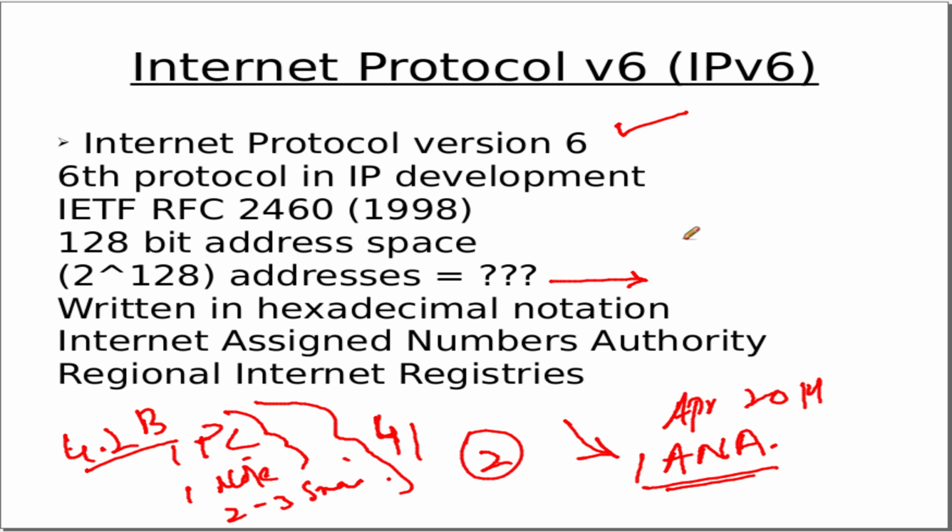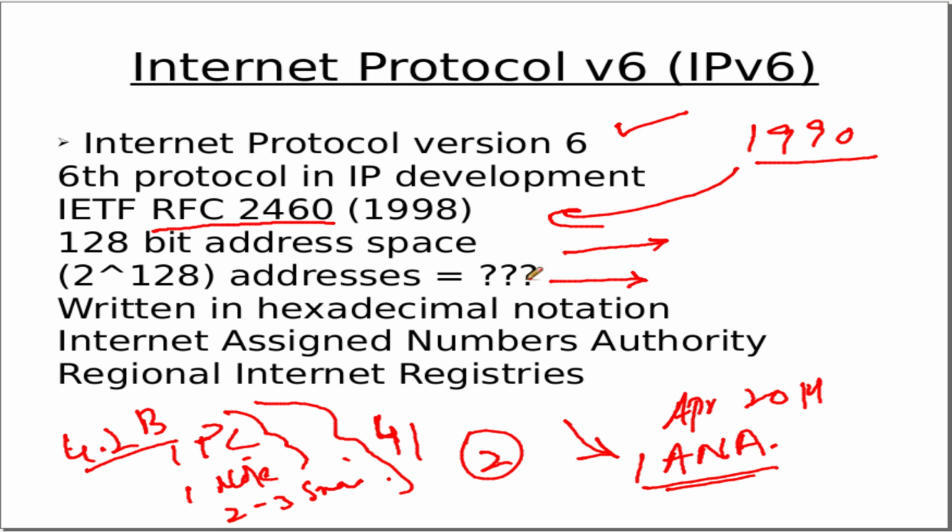Internet engineers started working on IPv6 as early as the 1990s, and by 1998, they were able to finalize the draft, which is now known as RFC 2460, which defines the basic features and functions of IPv6. In that RFC, we also see that it defines an address space of 128 bits.